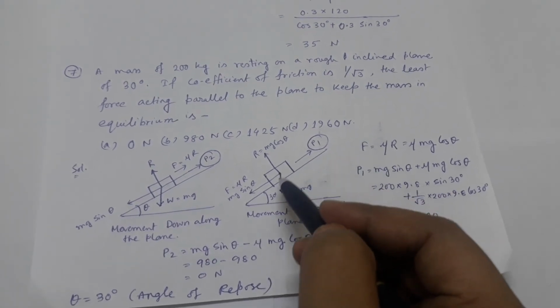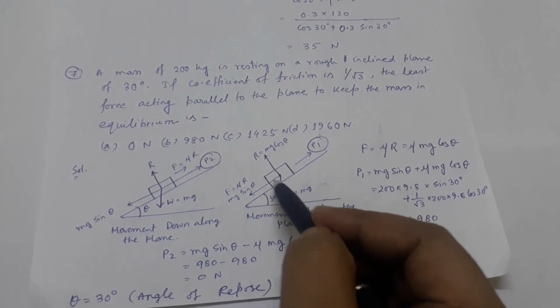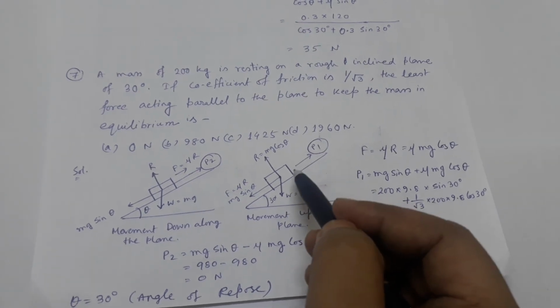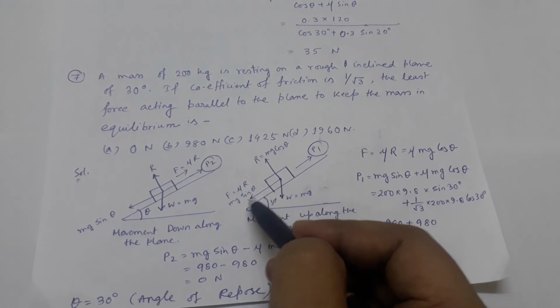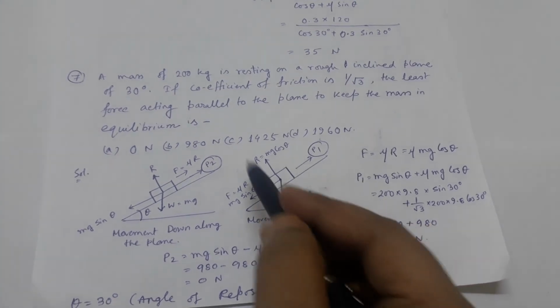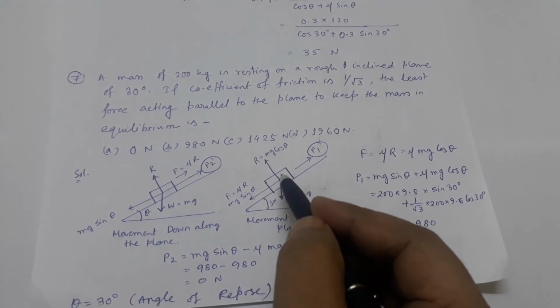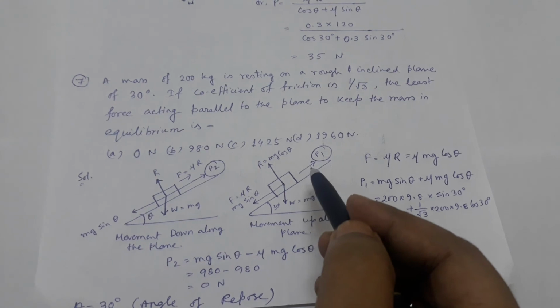If at a 30 degree angle we try to lift up the body, then the frictional force is generated in this direction, W acts downwards, and the normal reaction is equal to mg cos theta.